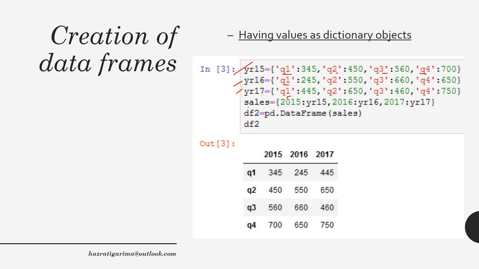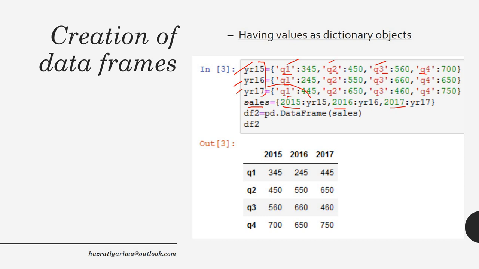After that I'm creating another dictionary, sales, where I'm passing all the 3 dictionaries to that new dictionary as key value pairs. I'm giving the keys as 2015, 16 and 17. Children, keep this in your mind while you're creating values as dictionary objects: please keep the index values the same in all the dictionaries, else it will give you NaN or an error.